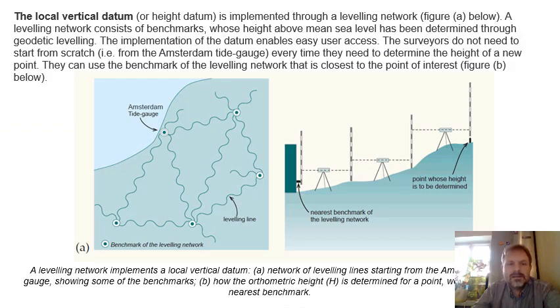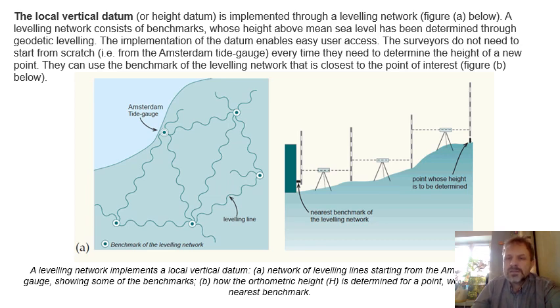The local vertical datum or height datum is implemented through a leveling network, as shown in the picture on the right. A leveling network consists of benchmarks whose height above mean sea level has been determined through geodetic leveling. The implementation of the datum enables easy user access.